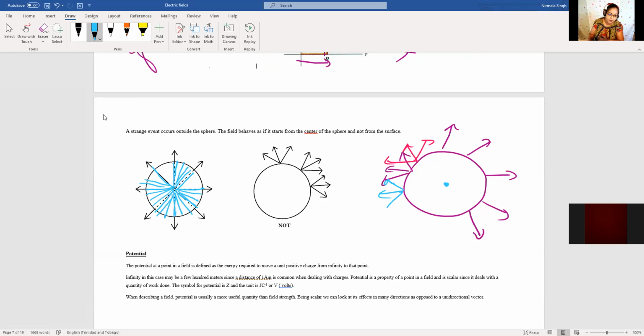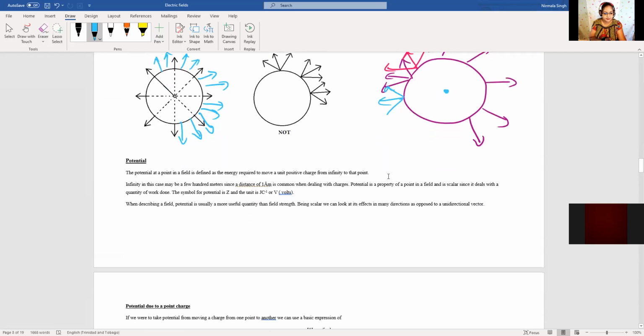It looks like all your field lines start from the middle, but of course, since no electric field exists within your charged object, we'll have no lines inside of it. So we're just going to erase all of these, and we just have field lines from the surface behaving as if they had started from a centrally located point in the middle of your charged sphere.